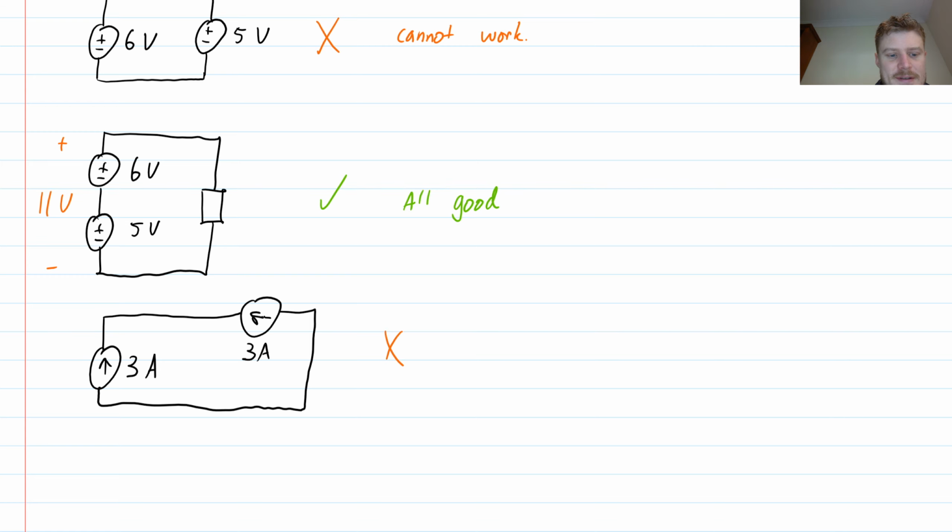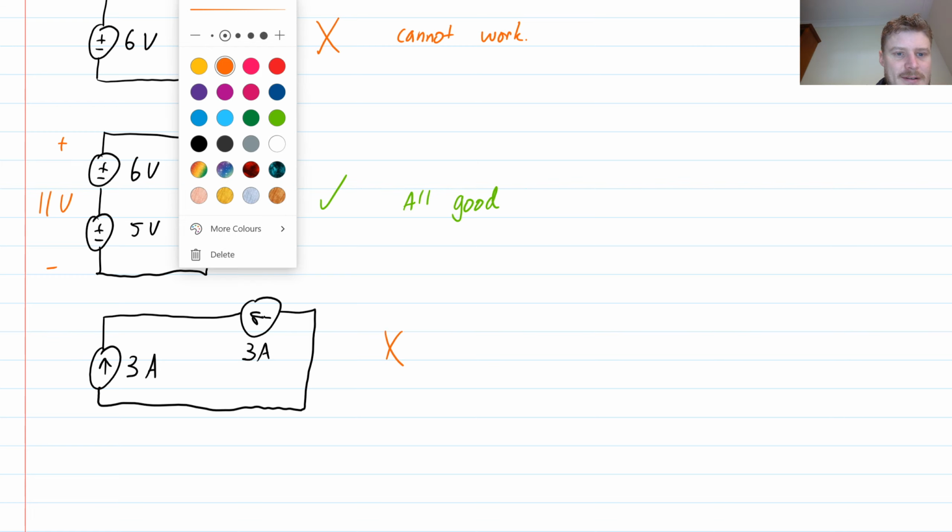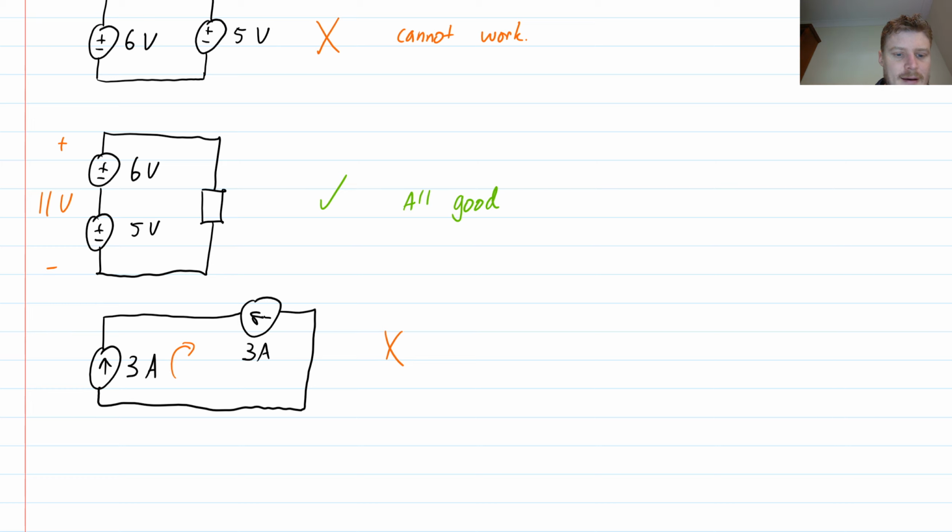The first current source is trying to inject current in a clockwise direction, and then this other current source is trying to inject current in an anti-clockwise direction. And so these two things are opposite of each other. So this one here cannot work. This does not make sense. This one is a contradiction.